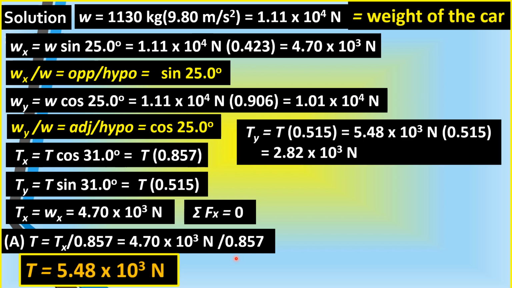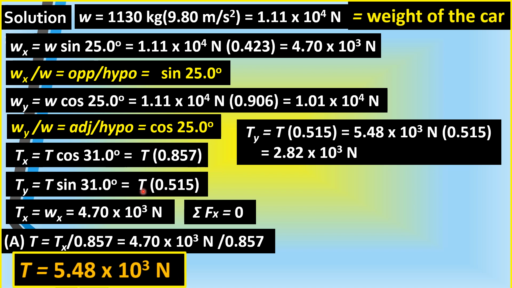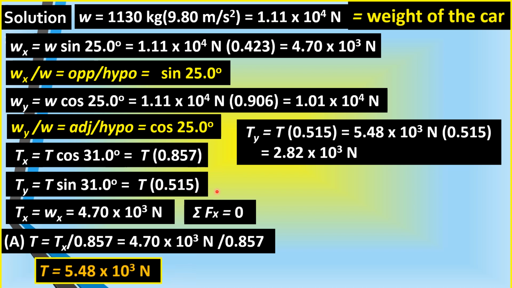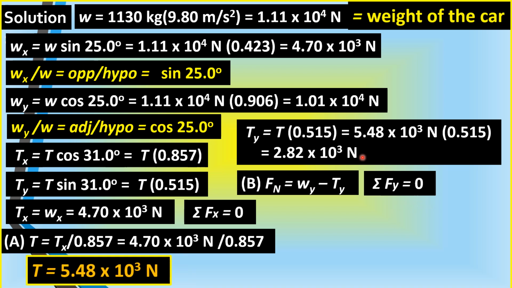Likewise, for Ty, this equation is based on this. Ty is equal to capital T multiplied by the sine value of 31.0 degrees, which, to three significant digits, is 0.515. And what we got is 2.82 times 10 to the third power Newton for Ty. We use this in order to find the normal force Fn.